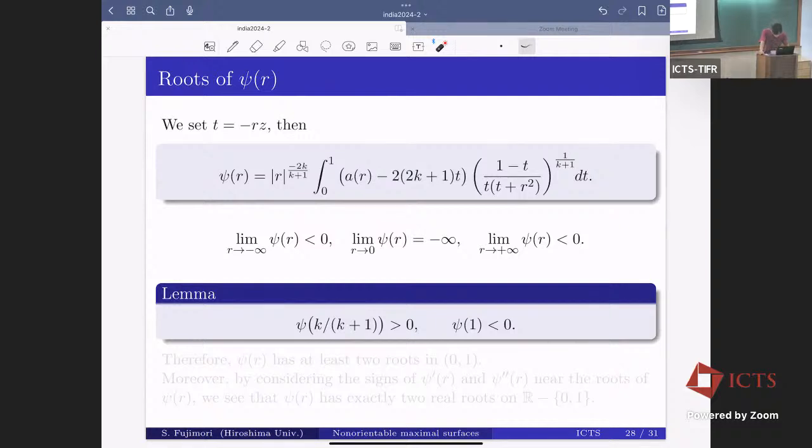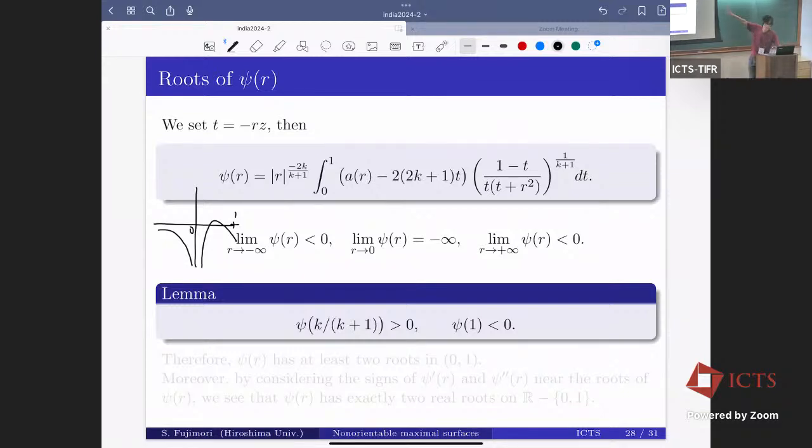So the graph looks like this, with 1 and 0 marked here.